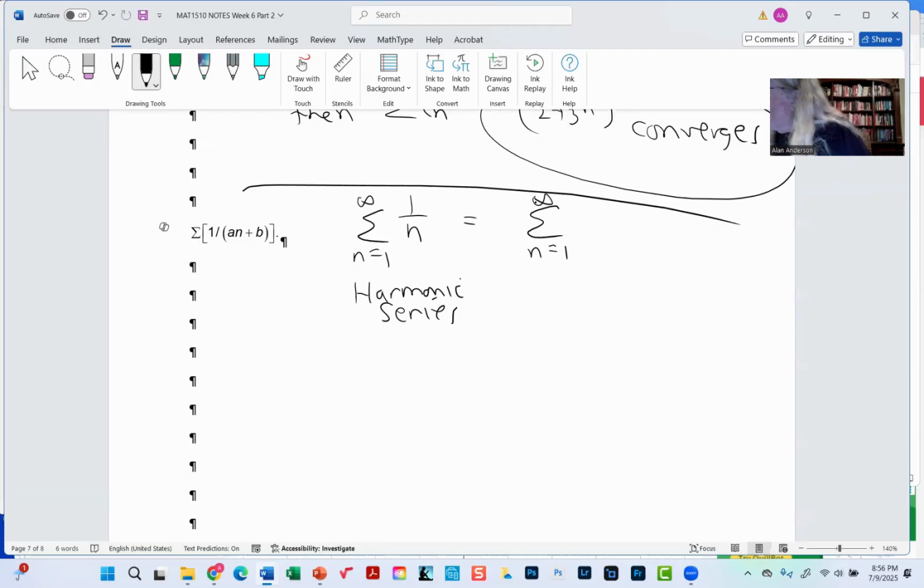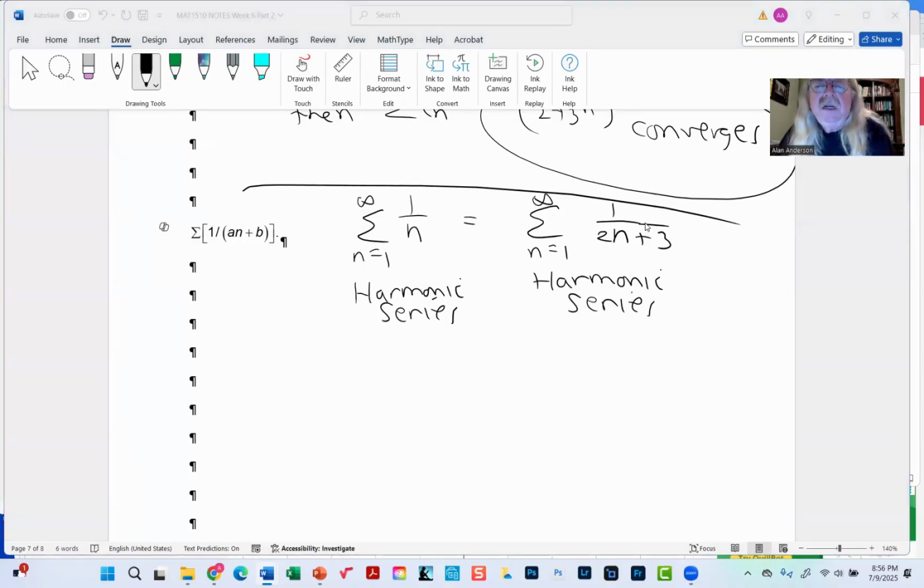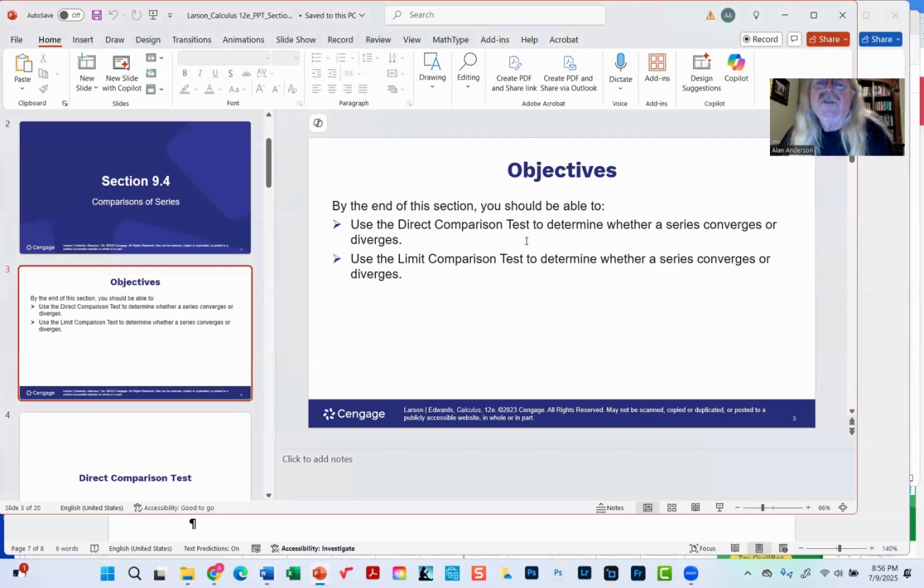Instead, you could have, let's say, 1 over 2n plus 3 or something like that, and it would still qualify as a harmonic series. And then it would have the same properties as far as convergence and divergence are concerned.